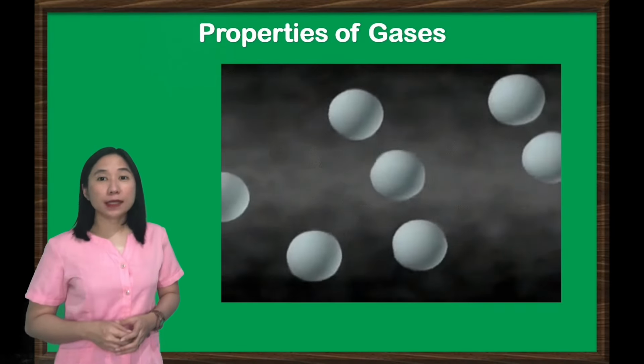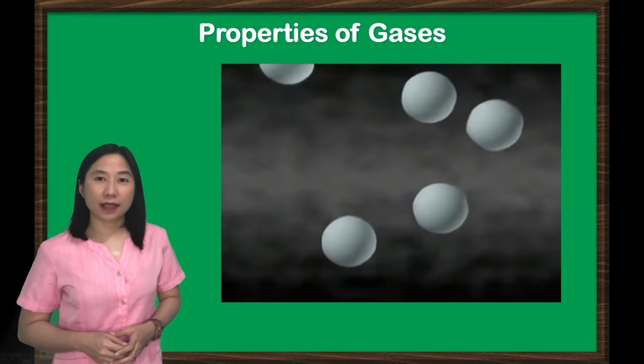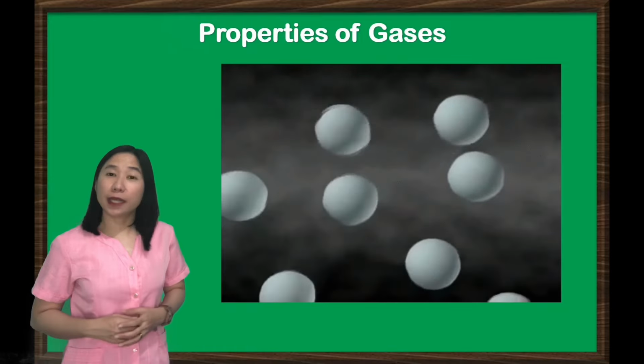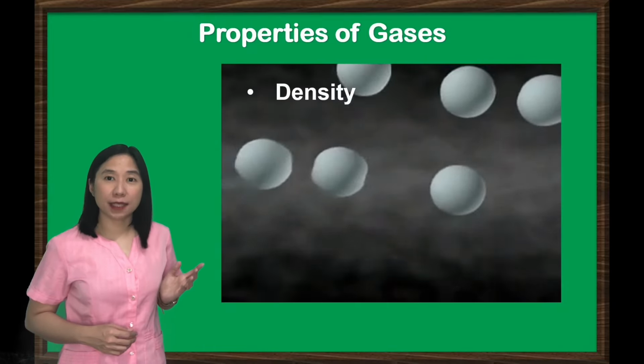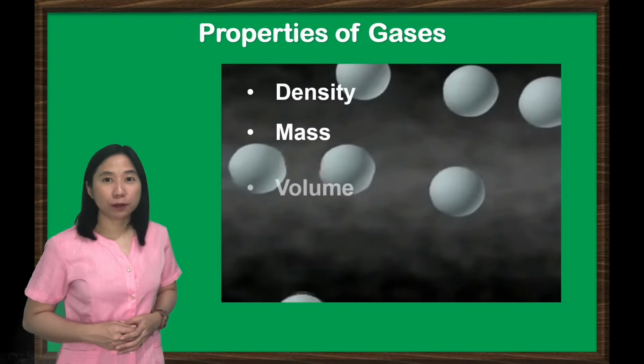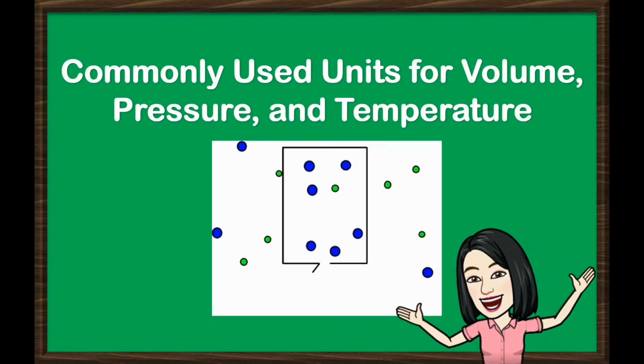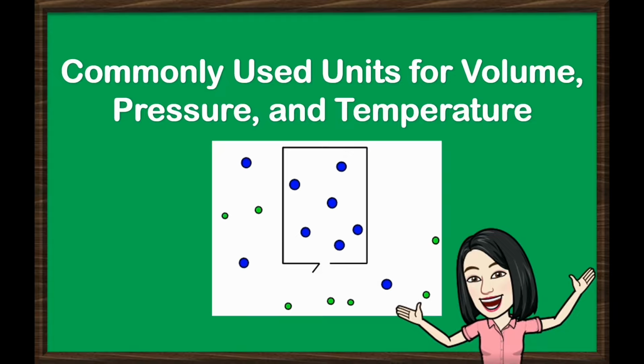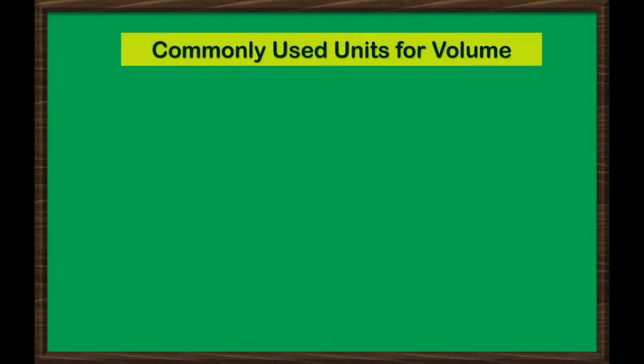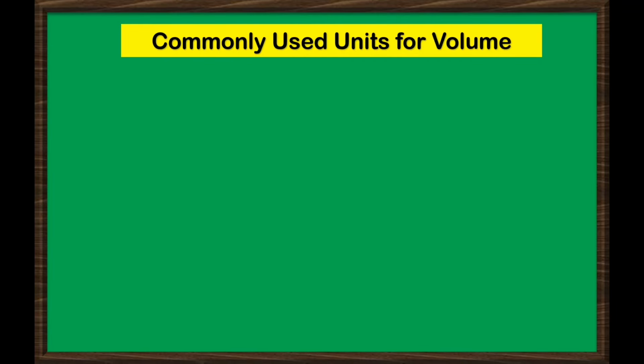We cannot directly see most gases since they are colorless. However, it is possible to measure their density, mass, volume, temperature, and pressure. Here are the commonly used units for volume, pressure, and temperature. Commonly used units for volume.